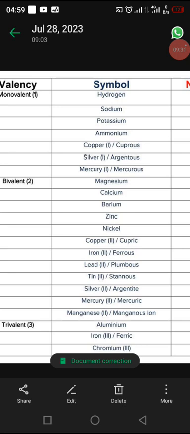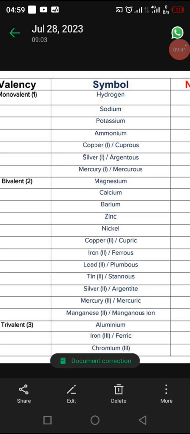Like what I was saying, copper 2 is here, iron 2 is here, lead 2 is here, tin 2 is here, silver 2, mercury 2, mercuric, magnesium 2, manganese 2. So these are transitional elements; to make it simple, they do not have specific valences, so their valences fluctuate.